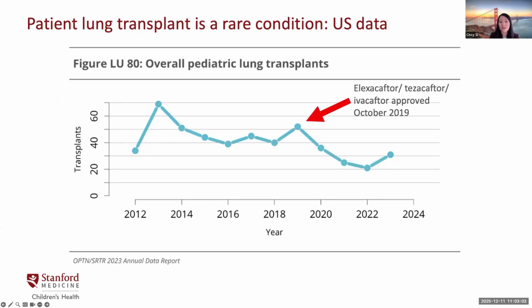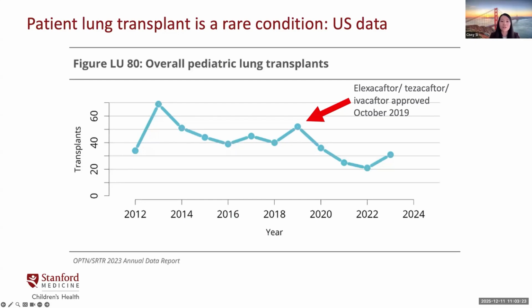But in the 4 decades that pediatric lung transplantation has been a field, with peak numbers occurring in the early 2000s, in more recent years, this number has shown significant decline. This is data from the Scientific Registry of Transplant Recipients for pediatric patients undergoing lung transplant under the age of 18.